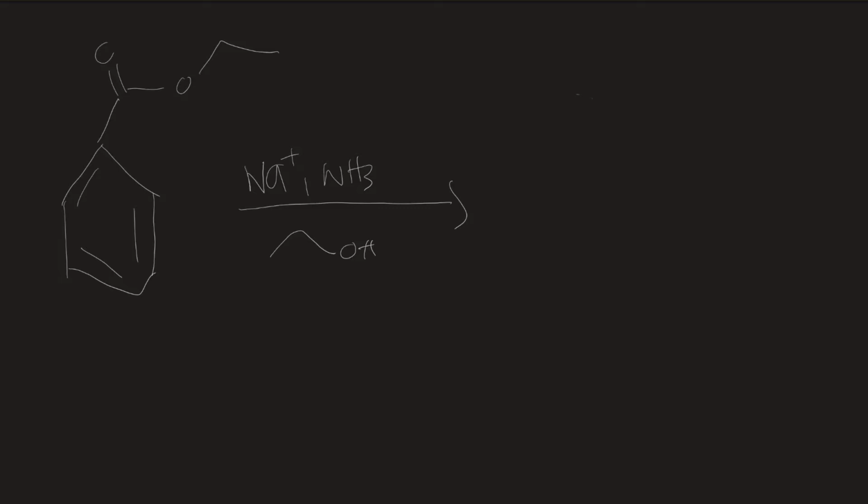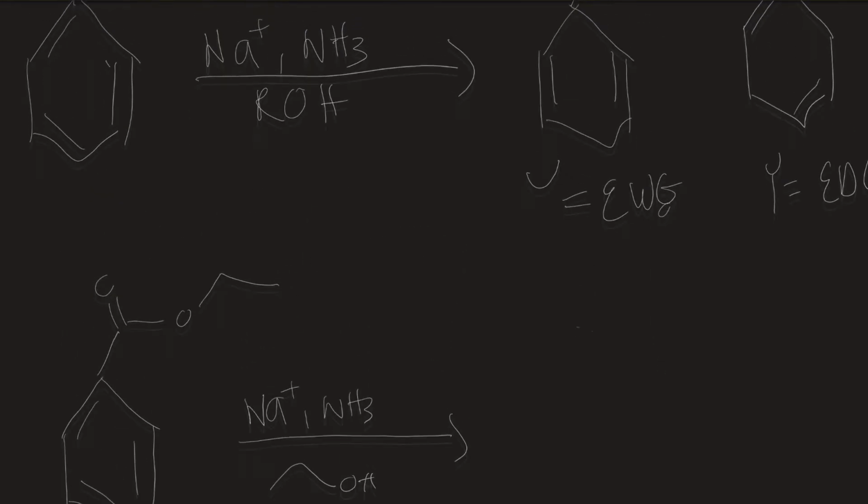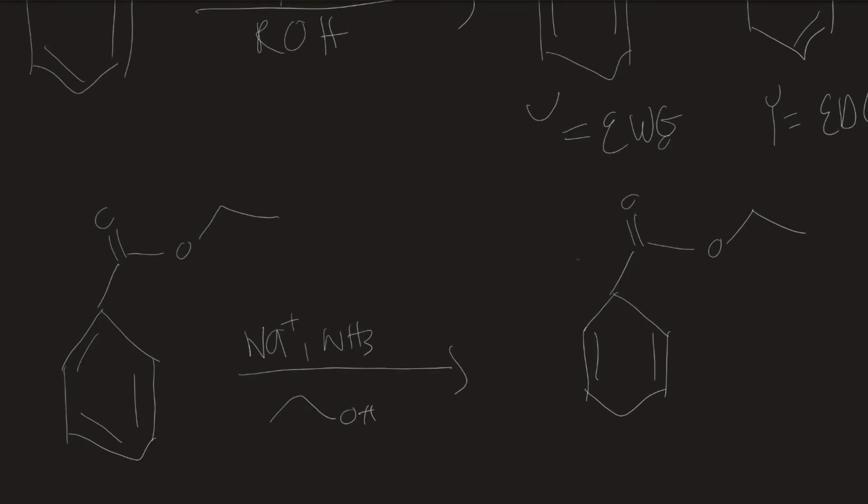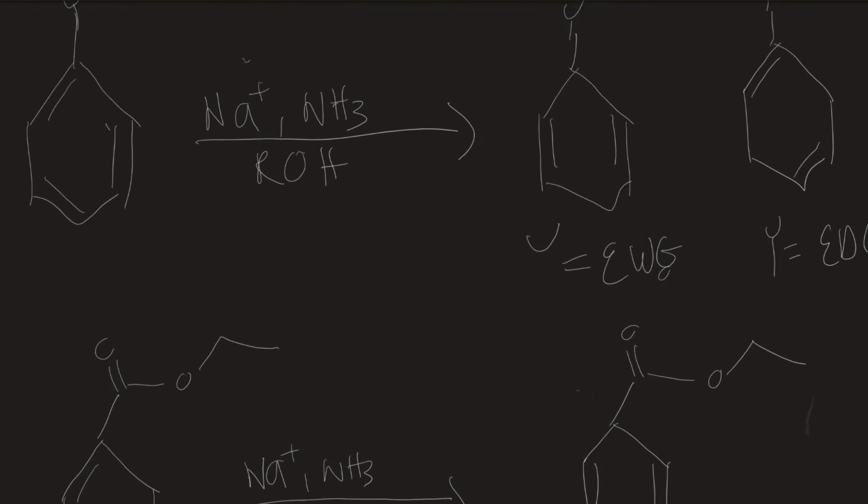So since this is an electron withdrawing group, we know that the carbon that's bonded to the Y substituent will be reduced. So basically, we're going to get this product, since the carbon bonded to the Y substituent is being reduced, since the substituent is an electron withdrawing group.